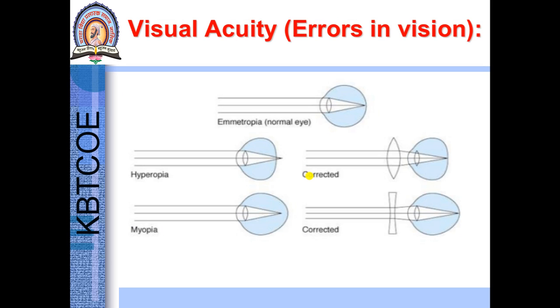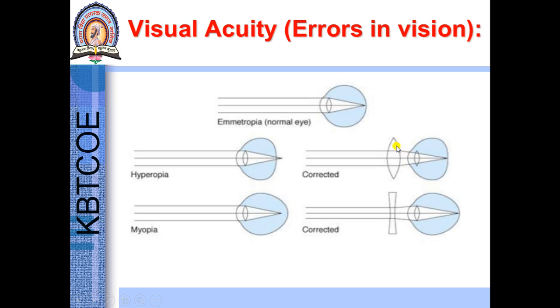Now, after getting the errors, that is myopia and hypermetropia, how to rectify? This is the normal eye. The parallel rays of light pass through the lens and focus on the retina. Now here if you see hypermetropia or hyperopia, you will observe that the light is falling behind the retina.